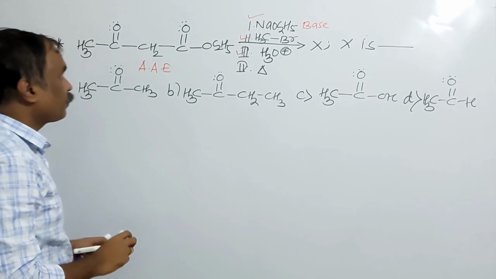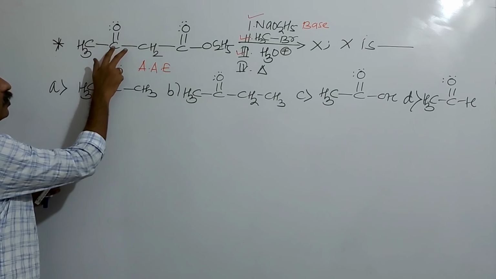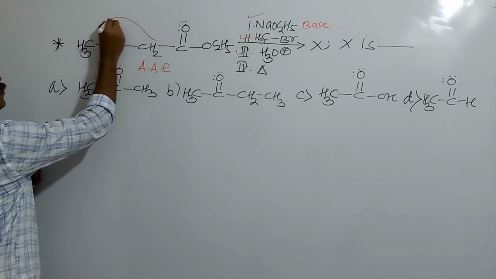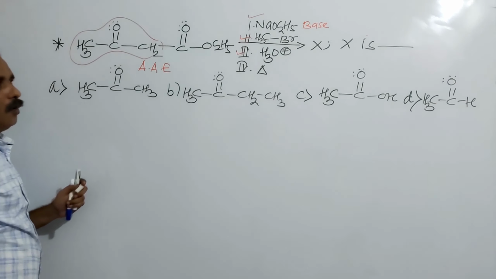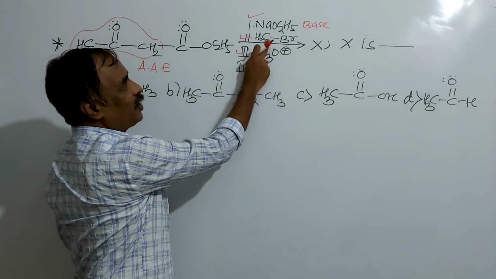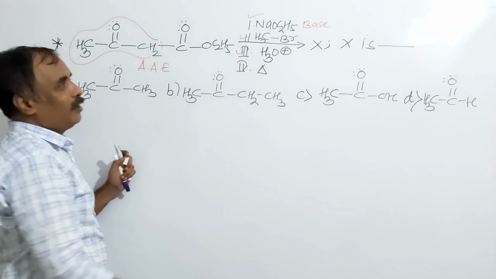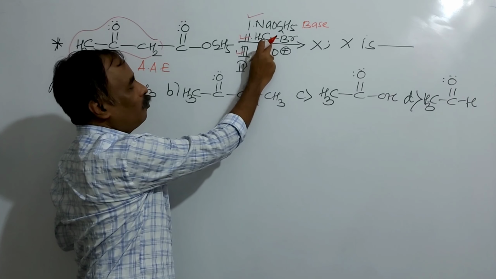See here, in this reaction CH3 C double bond O and this CH remain as they are. Now what is new here? Methyl bromide is the alkylating agent, the source of the methyl group.